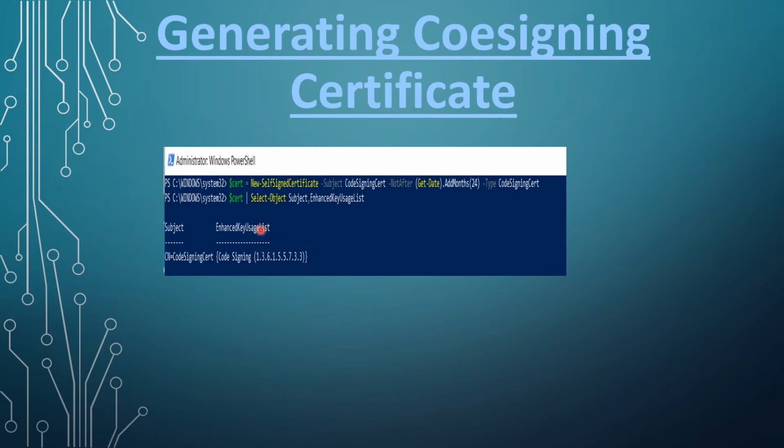If you launch PowerShell in administrator mode and run this command, this will create a self-signed certificate with this subject, with this validity period, and for this purpose. So: New-SelfSignedCertificate, Subject, code signing cert, NotAfter, Get-Date AddMonths 24. That means after 24 months this certificate will expire.